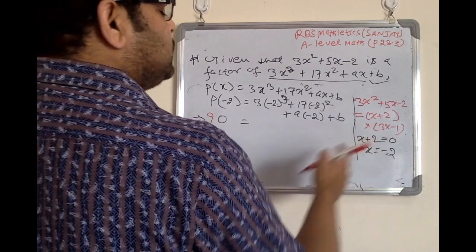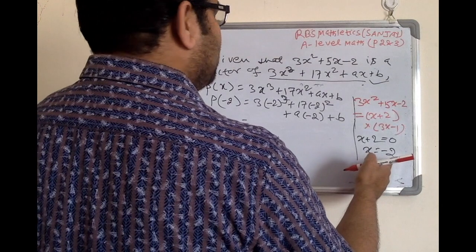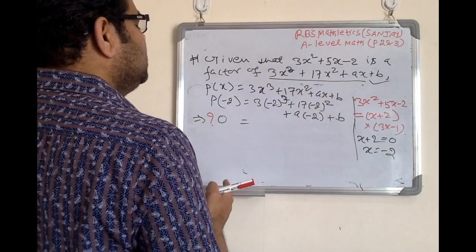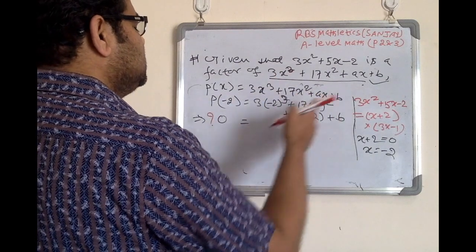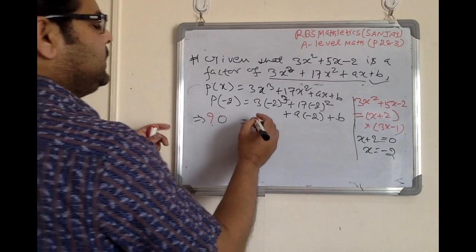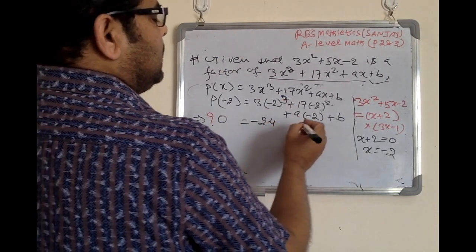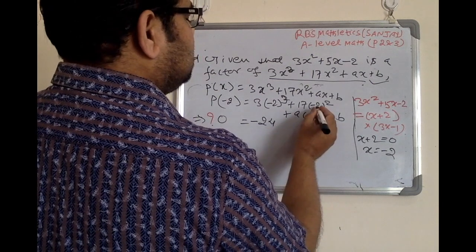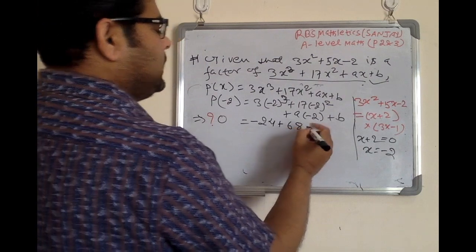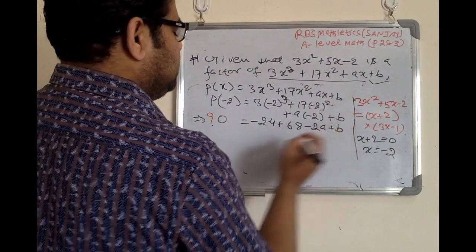Because x plus 2 is a factor of this polynomial, and therefore at x equal to minus 2, the remainder for this polynomial is going to be 0. So let's calculate it. This is minus 24. Then this is the square of a negative, which gives you plus 68, and this is minus 2a plus b.